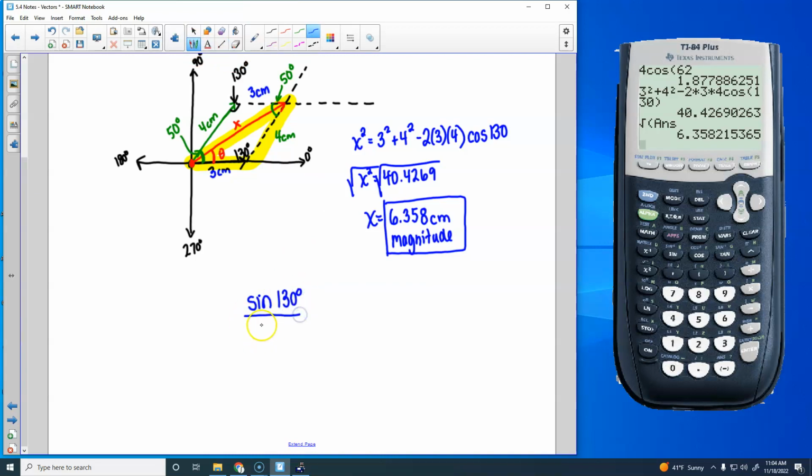over 6.358 would equal, this angle right here is the one we want to know, so we'll say sine of theta over the side across from it, which is 4. And so we can cross multiply there.